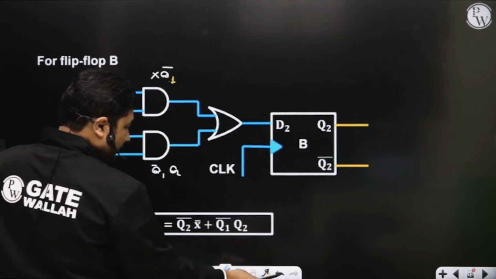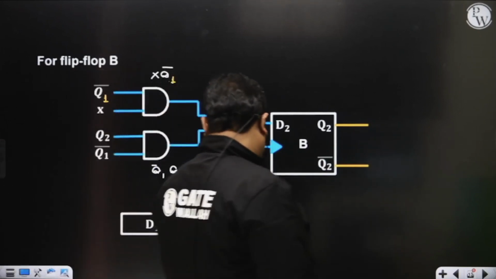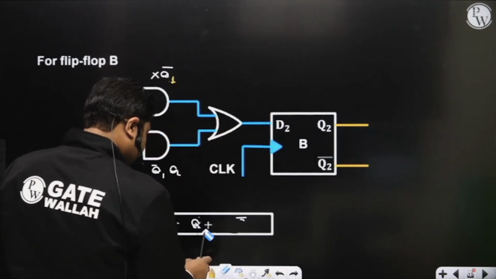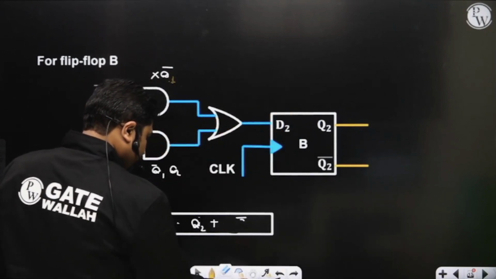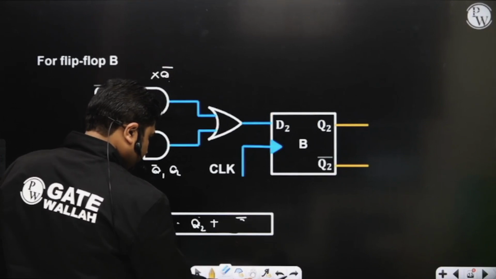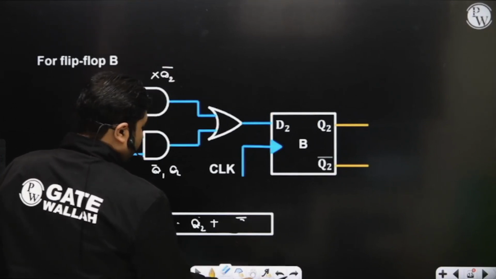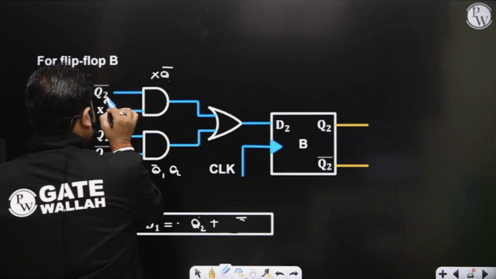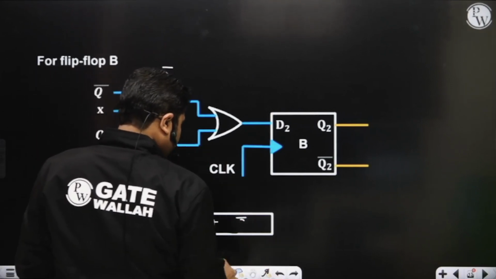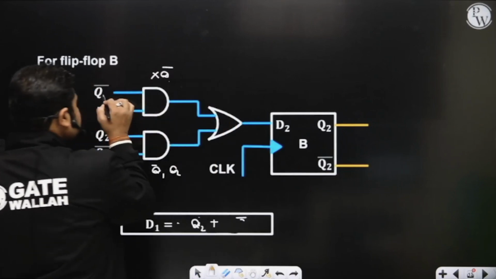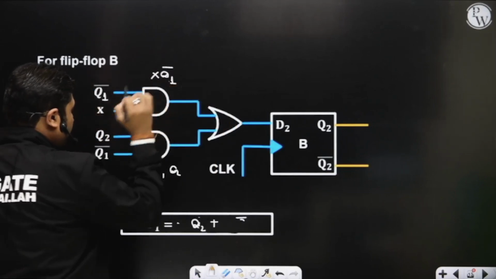Yes, made a mistake, so please correct it. This is your Q1, this is your Q2.